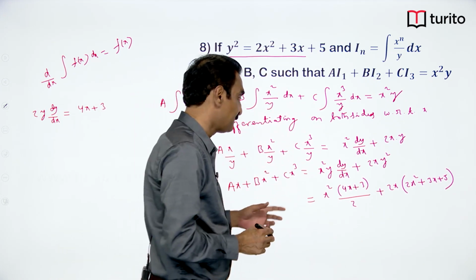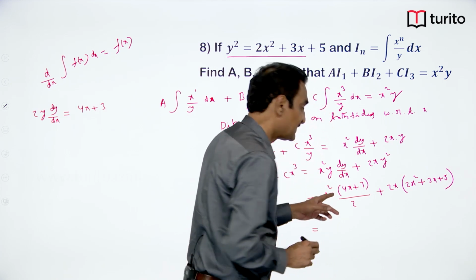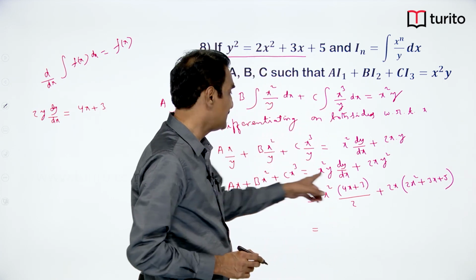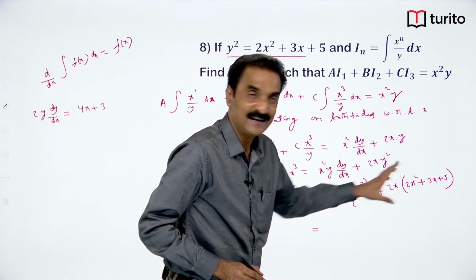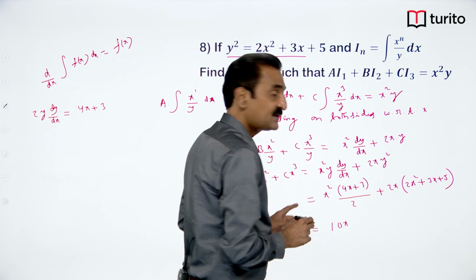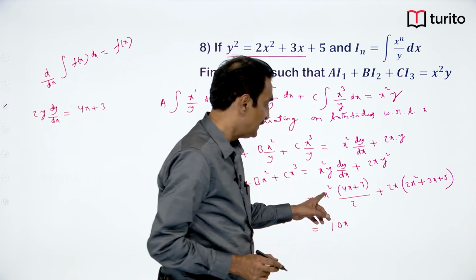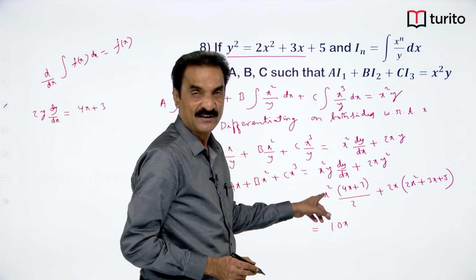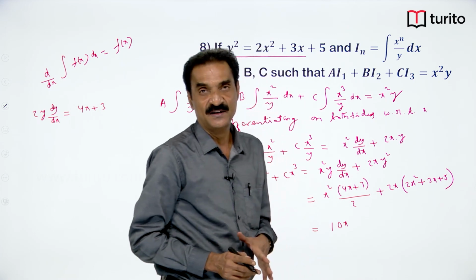Now, first write the first degree term. What is the first degree term? There is no first degree term here. Here 10x. Next the second degree term. Here the second degree term is 3 by 2 x square. Here 6x square.